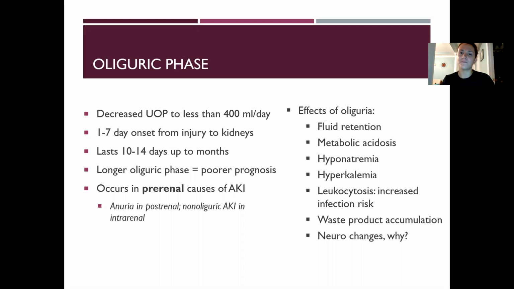Again, the kidneys are the metabolic part of your acid-base balance, and you'll experience an acidosis in this case. Hyponatremia because of the fluid retention. So we'll actually see a dilutional low sodium because of the retention of fluid in the body. We'll see a hyperkalemia, or an increase in potassium, because the kidneys aren't able to excrete it.